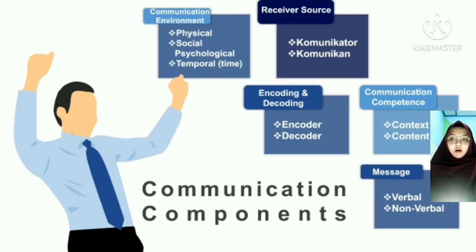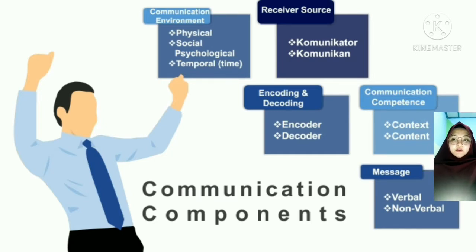Socio-psychological is the structure of status relations between the parties involved, the roles people play, and the cultural rules of the society in which people communicate. And then the third is temporal, or time. It means the time at which the communication takes place. Then the next is receiver source.